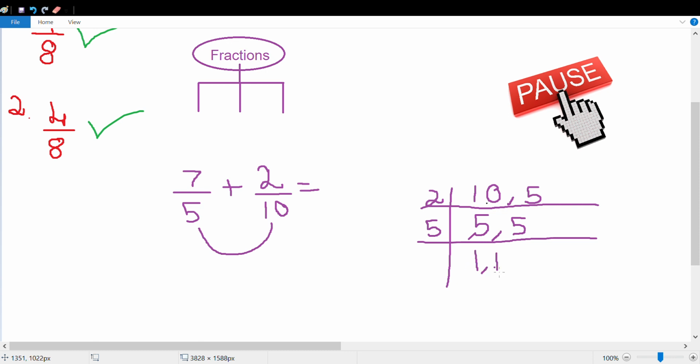There we go, we've done it. But that's not all. Now 2 into 5, what does it give you? It gives you 10. So that's what our denominator should be.